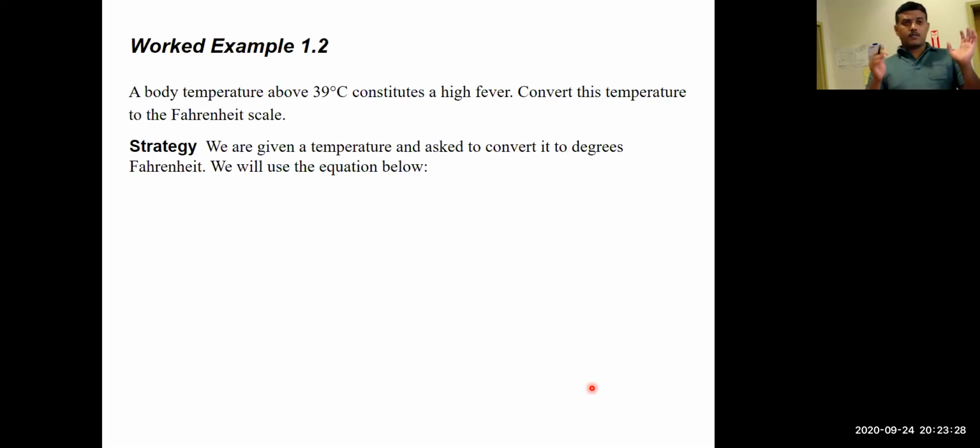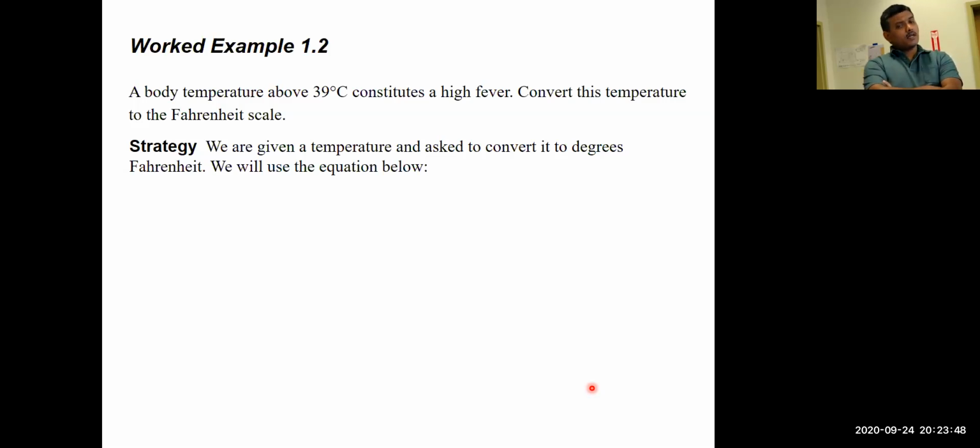The problem says a body temperature above 39 degrees Celsius constitutes a high fever. Convert this temperature into the Fahrenheit scale. We just saw the relationship between Fahrenheit and Celsius, so we know what equation to use.